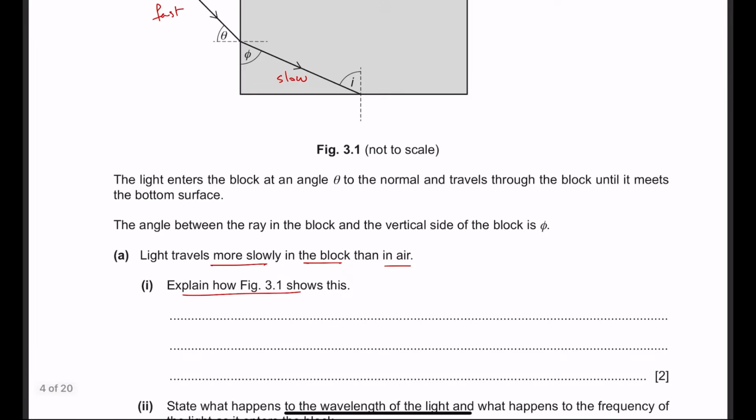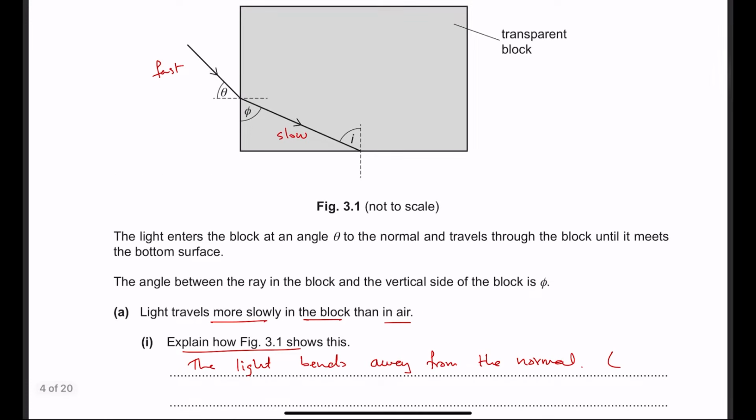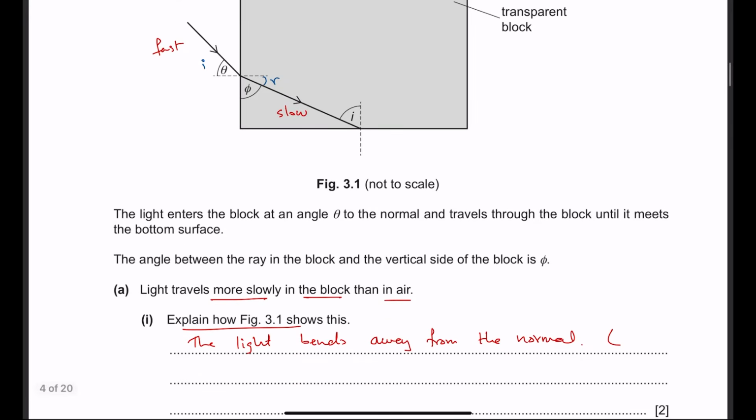The first point is that, if I name this angle the angle of incidence, and I name this angle the angle of refraction, then I know that the angle of incidence is greater than the angle of refraction at the moment, right?